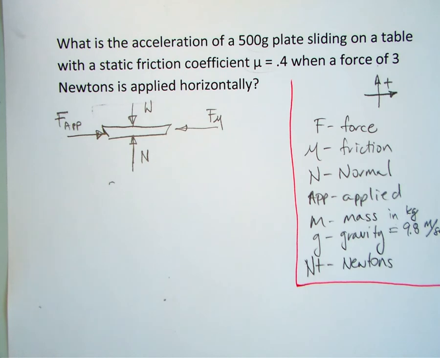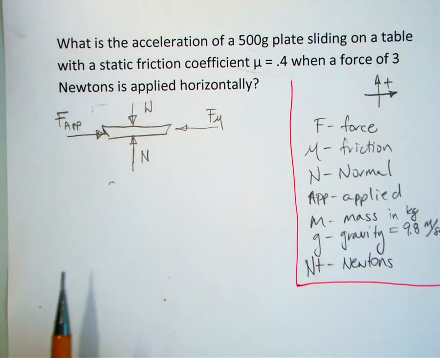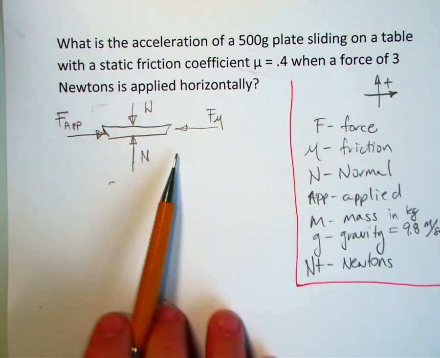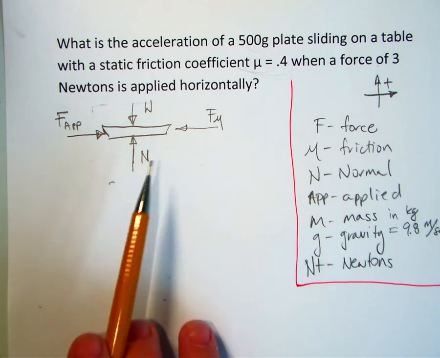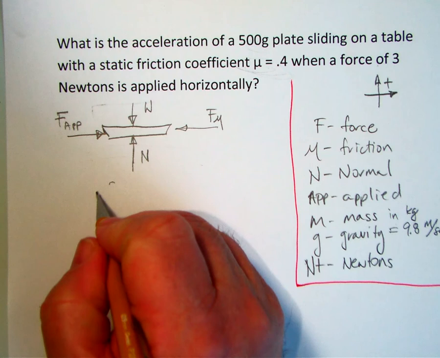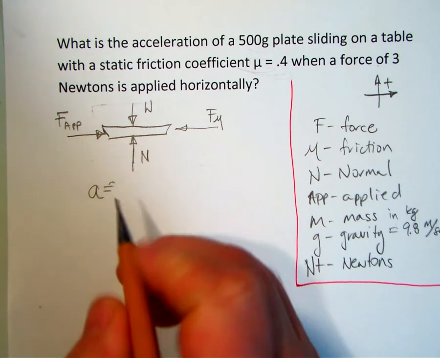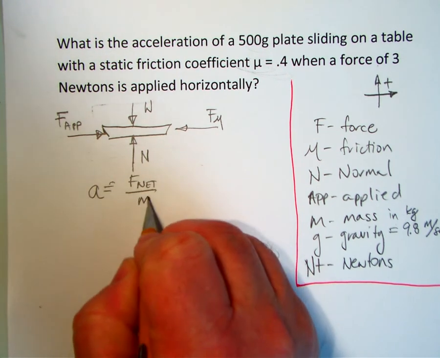Okay. So what do we know so far about this problem? We know there's an acceleration. We know there's some friction. Okay. So it's moving in the horizontal direction. It can't move vertically because the weight and the normal force oppose each other. So we have to kind of figure that out and then figure out which way it's moving. So what we're really looking for in the end is the acceleration is equal to the net force divided by the mass.